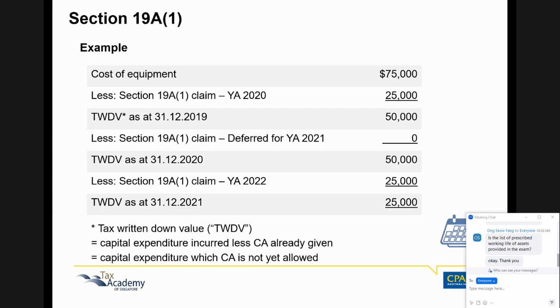Then my tax written down value as at 31st December 2021 is 25,000. So this is how the claim for CA goes. This is to show you, for each equipment, how the deduction is being made, and also that you can defer for this section 19A(1). So the 3-year claim you can defer.